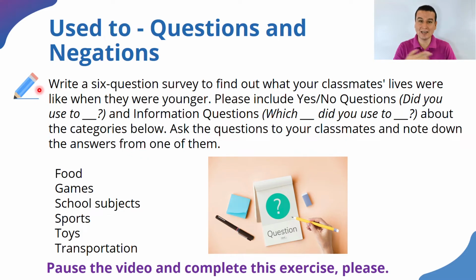Or you can ask everybody in the classroom, but you are going to write down the answers for just one. All right? So as you can see, here are some categories that you can use for your questions: food, games, school subjects, sports, toys, transportation. All right? So please write your questions, and when you are ready, we're going to compare answers. Go ahead.